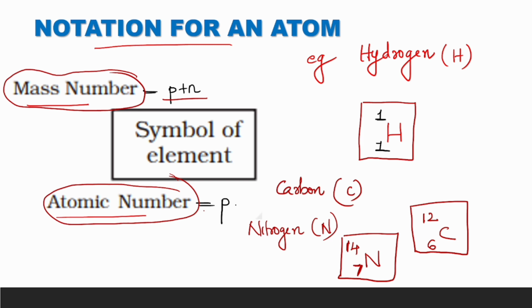After that we studied atomic number, the total number of protons present inside an atom, and then mass number, the sum of protons and neutrons present, or we can say the number of nucleons present inside an atom. In this class we studied how to write the notation for an element or an atom. First we write the symbol of the element, on the top we write the mass number, and at the bottom we write the atomic number.